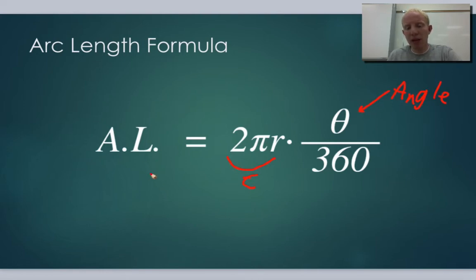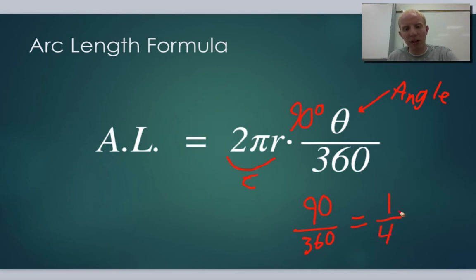So if you think back to the previous slide, this is the circumference, that's the angle, and this proportion right here is just telling you how much of the circumference you have, because in the previous example this was 90 degrees. Well, if I put that down here, 90 over 360, that's going to be equal to 1/4 when you simplify it out.